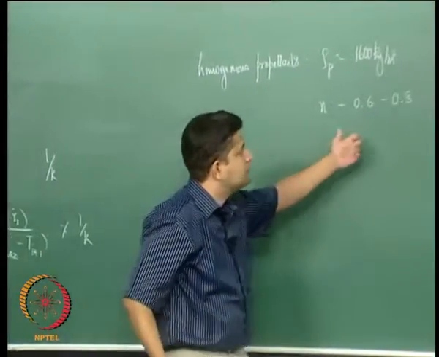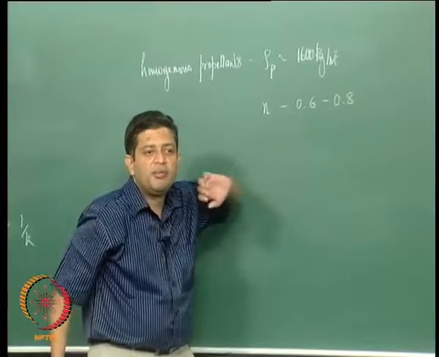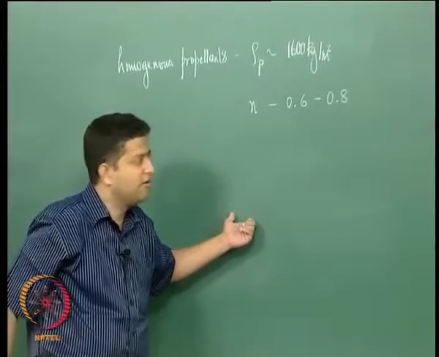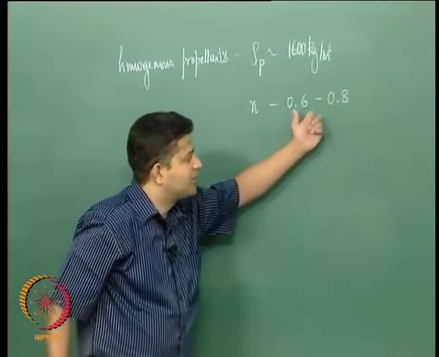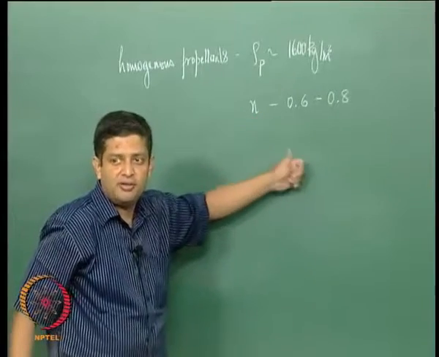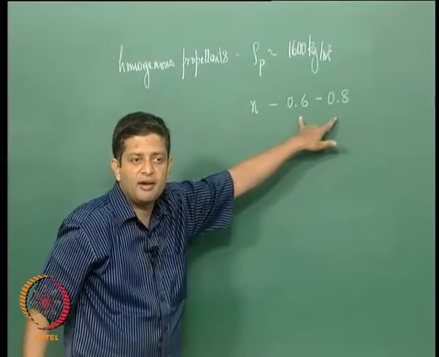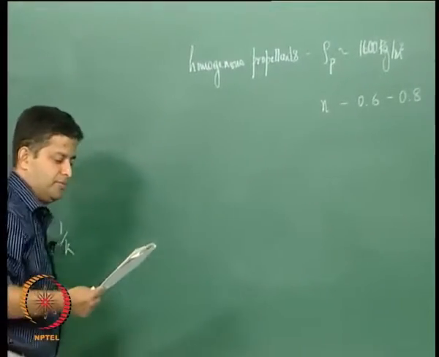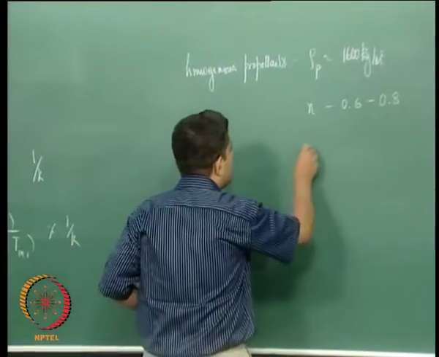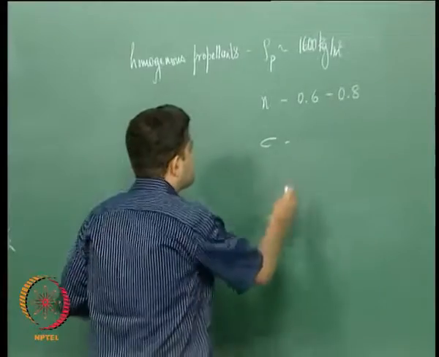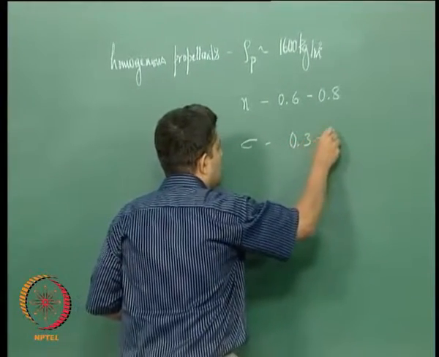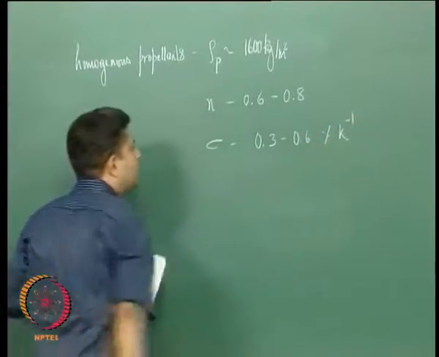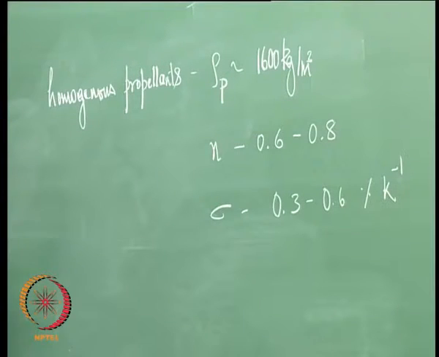It is very high primarily because we have mixed the fuel and oxidizer at a molecular level, and therefore, its combustion will be something like a premixed flame, which is the reason why we get a higher n. We will see how to get to this a little later in the course, and the sigma values are around 0.3 to 0.6 percent per Kelvin.